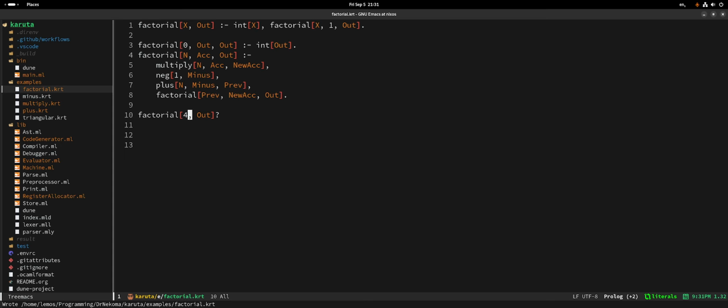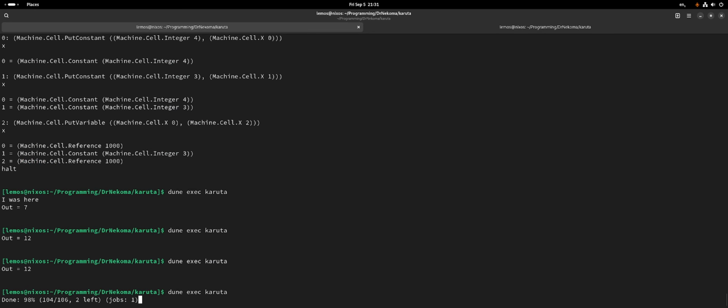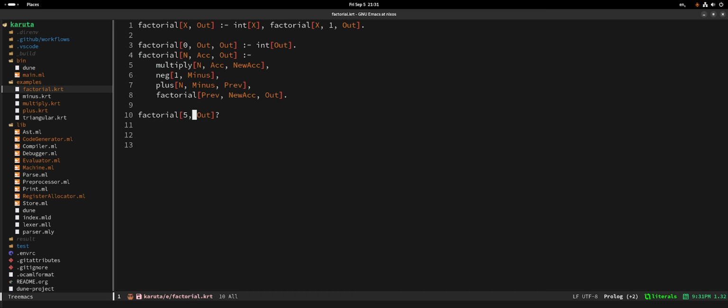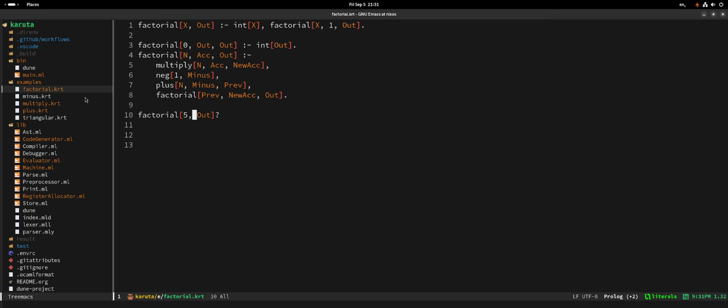But is this ready to test? It should be, I think. Factorial. Damn. There we go. This is now readable, which means that we can put bigger numbers in here. Cool. Arithmetic.